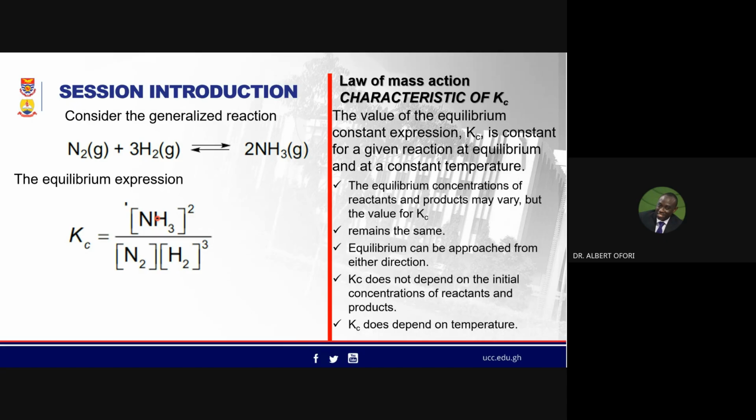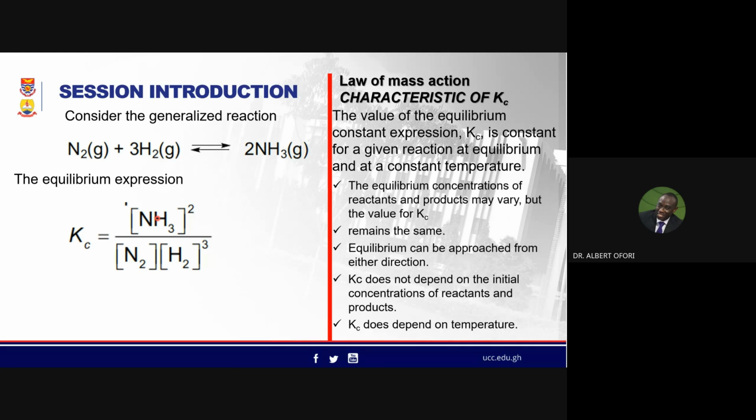So we don't deal with the initial concentration. Later we'll see that if we want to deal with the initial concentration, we call it the quotient factor or the quotient expression. We'll come to that. So that's a difference. The equilibrium constant expression is for equilibrium concentrations only.